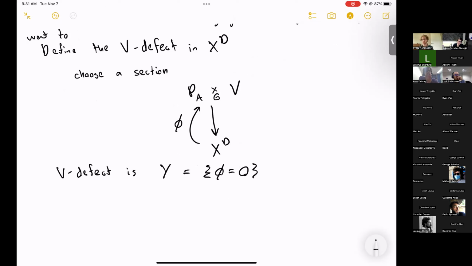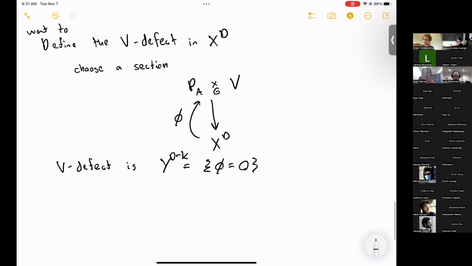If you look at a generic section locally near this defect, it looks exactly like the V defect that we were considering, where you just have linear dependence. This will also be a manifold of dimension d minus k, and we're going to think of it as the spacetime for the V defect.